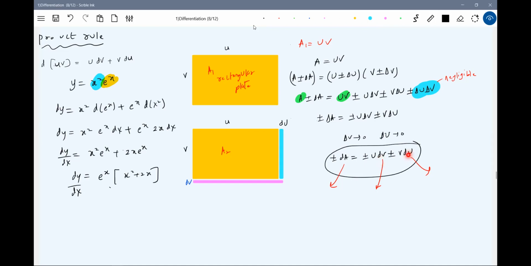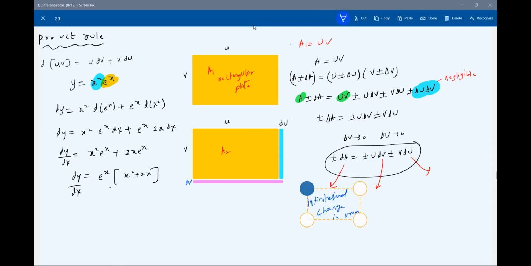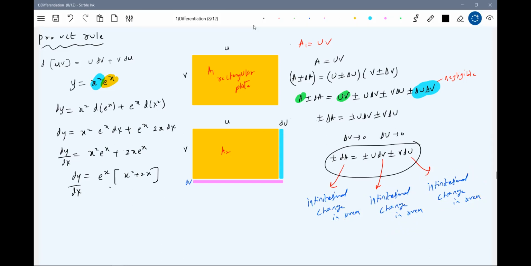Infinitesimal change in length, infinitesimal change in breadth, infinitesimal change in area. That's the interpretation.